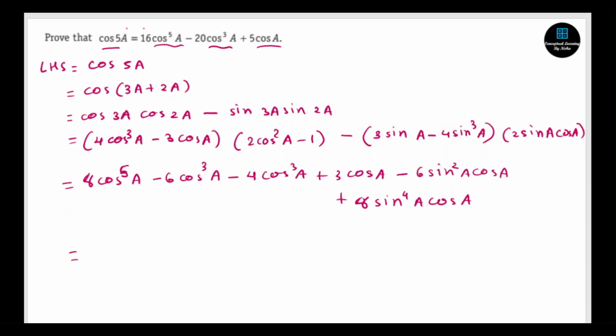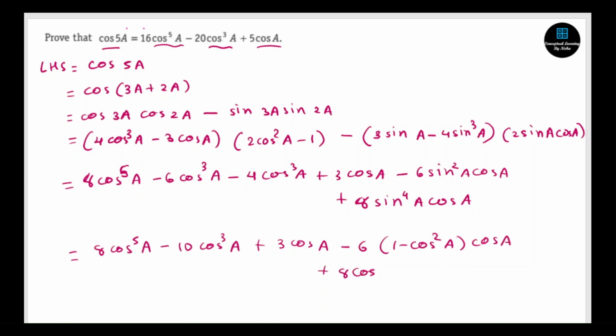Now when I simplify this, I can write this as 8 cos raised to 5a minus 10 cos cube a plus 3 cos a, minus 6 times (1 minus cos square a) cos a, plus 8 cos a times (1 minus sin square a) whole square.